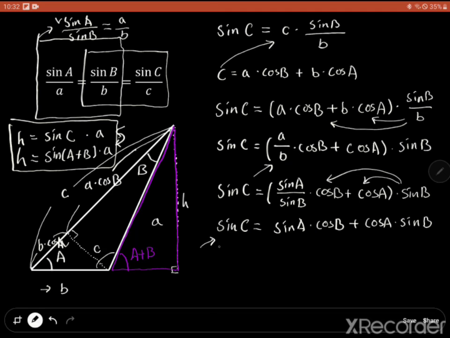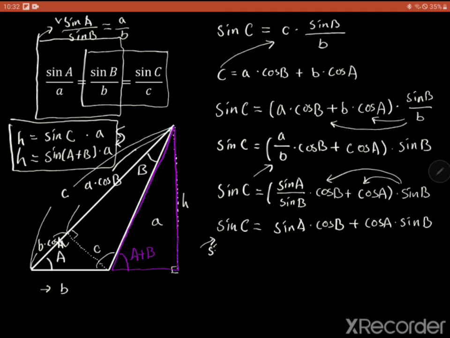So let's simply substitute in, and then we rewrite sine a plus b, it is equal to sine a cosine b plus cosine a and sine b.